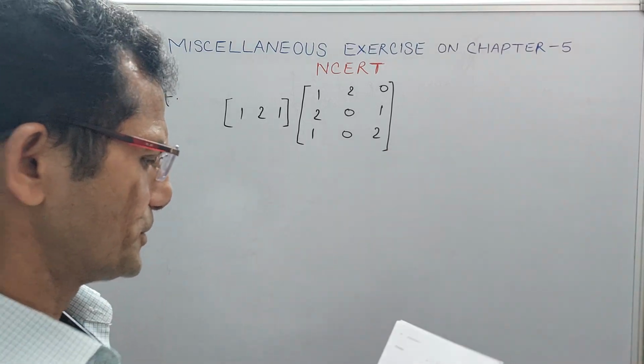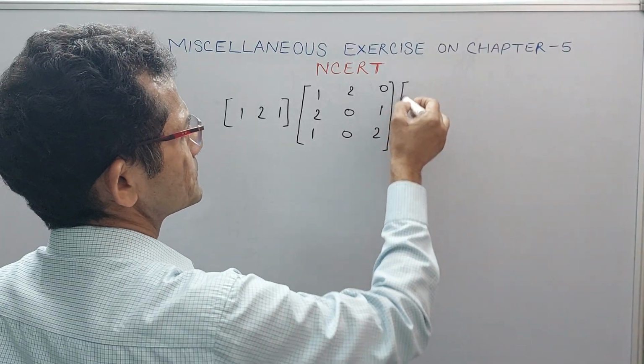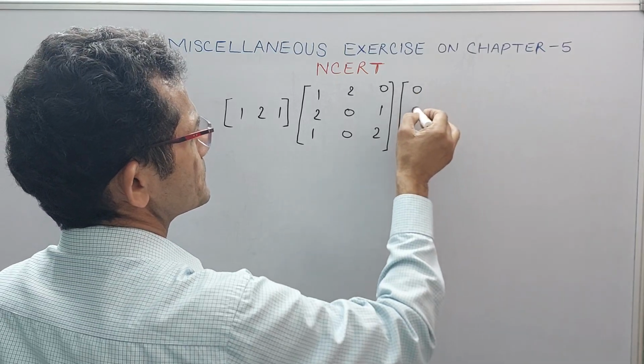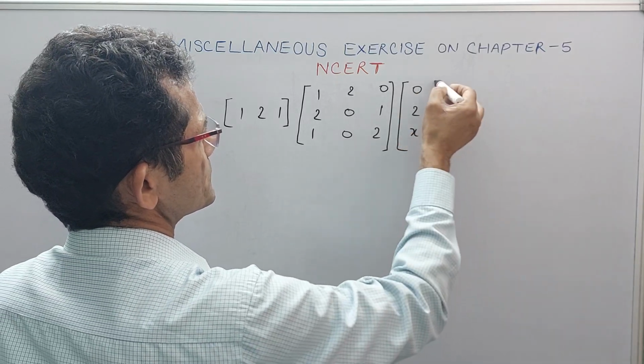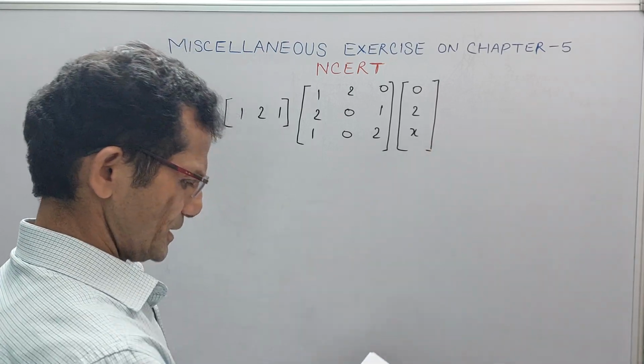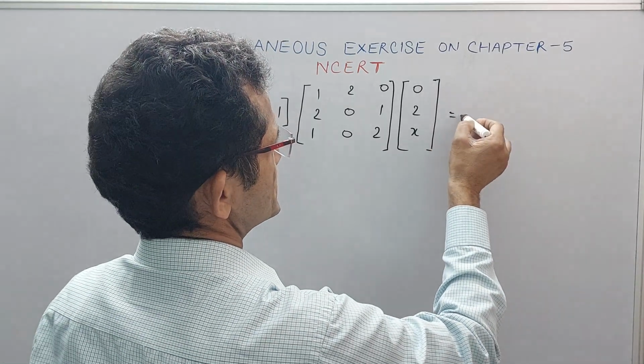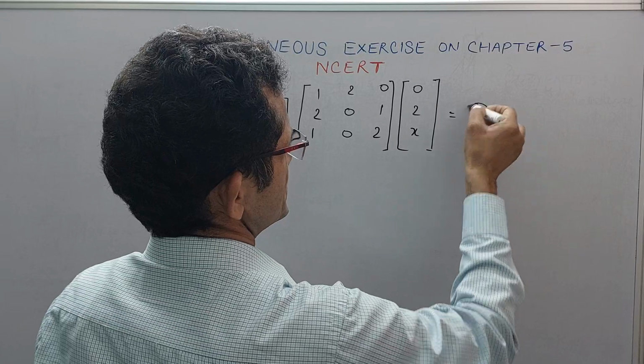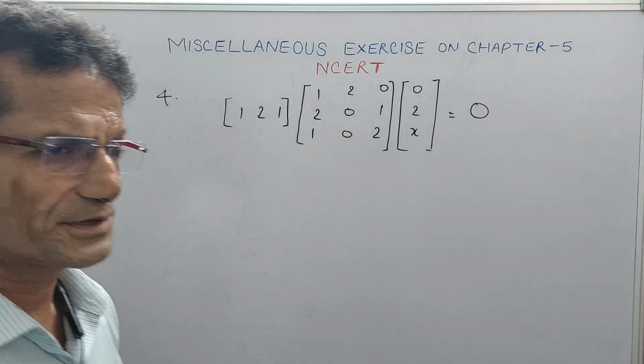And multiplied by 0, 2, x. Is equal to the 0 matrix. So for the 0 matrix, what should be the order of the 0 matrix?